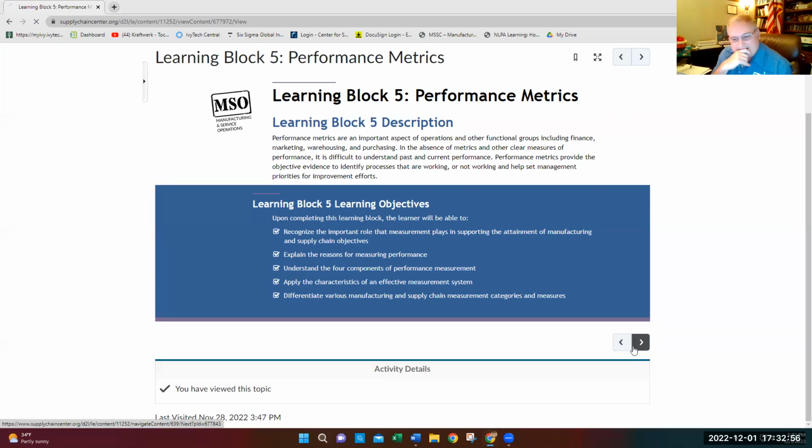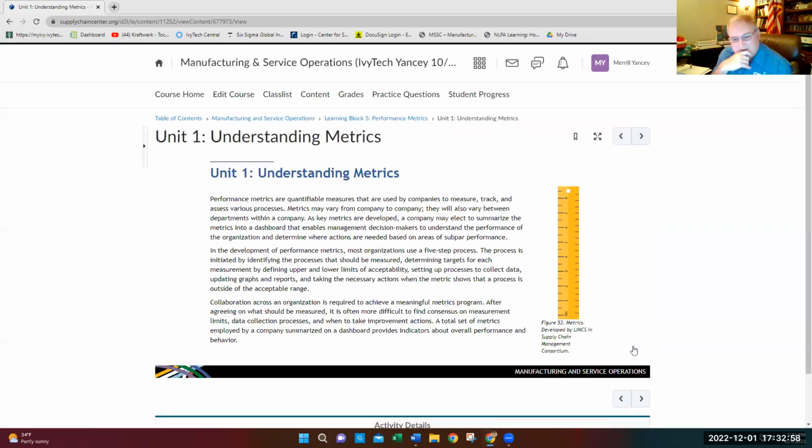So if you went through any of our other classes, this all comes together here, but basically there is an average that you're trying to have in your production.